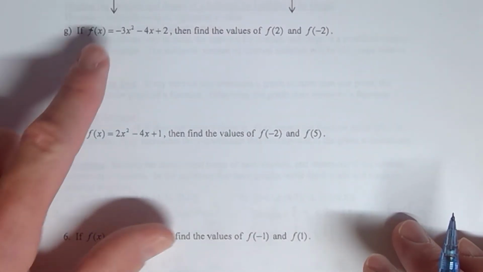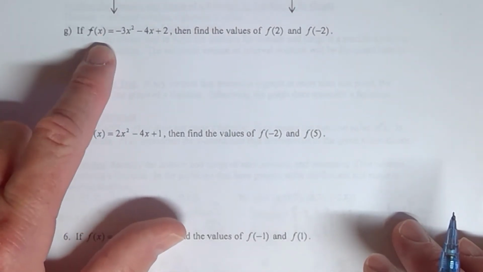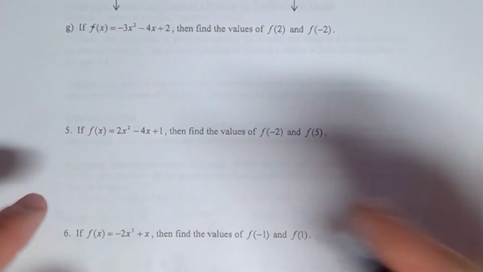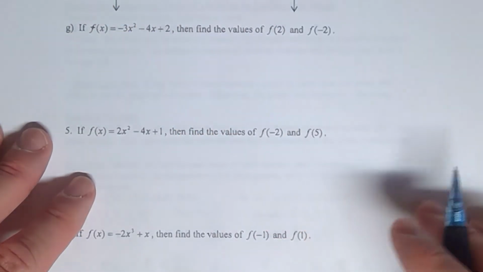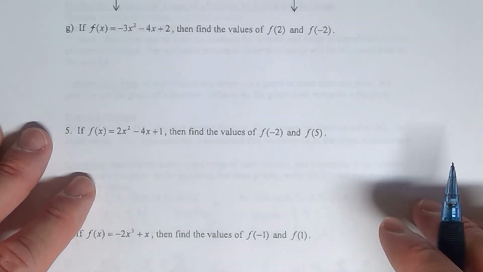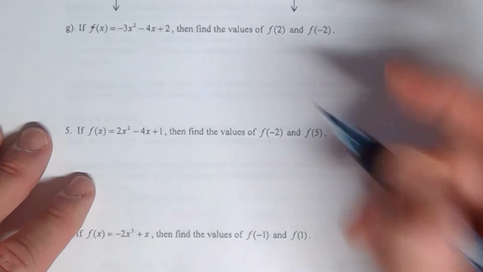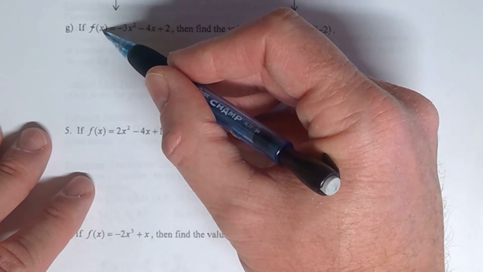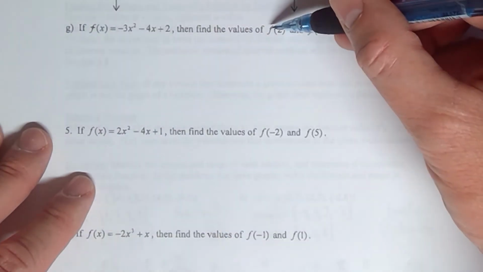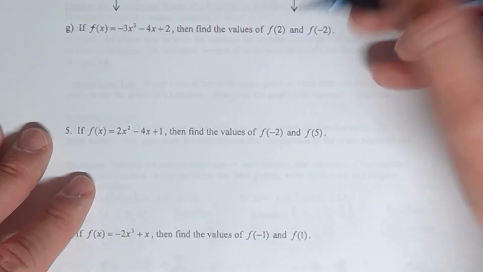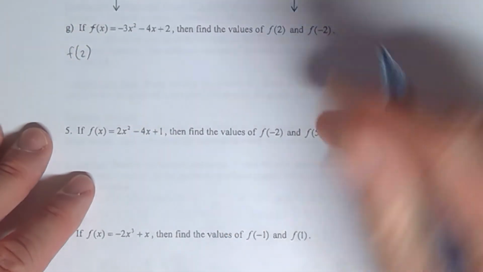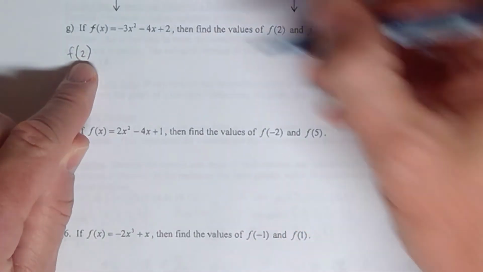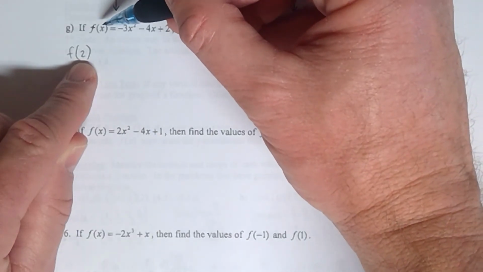Okay, so what does this mean? This means this whole thing altogether, okay, it means the y value that pairs up with the x value that you're going to have in the place of x right here. For example, see how it says right here, figure out the value of f of 2. Let me write that down just to start us off. Okay, this means, you guys, that the x is equal to 2 because whatever goes inside this bracket, that's the x.